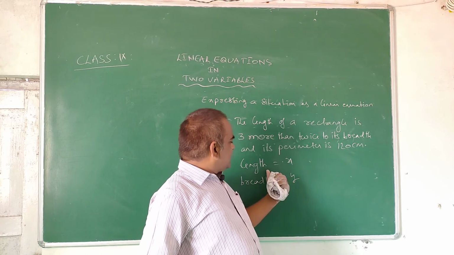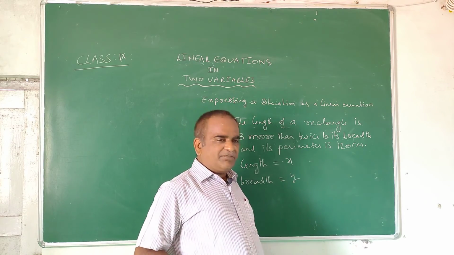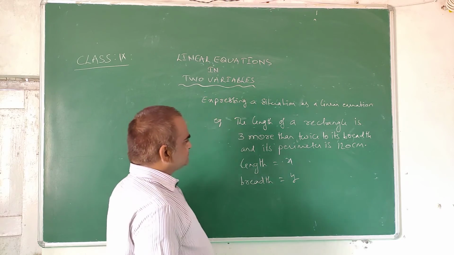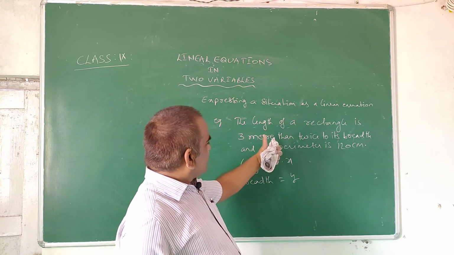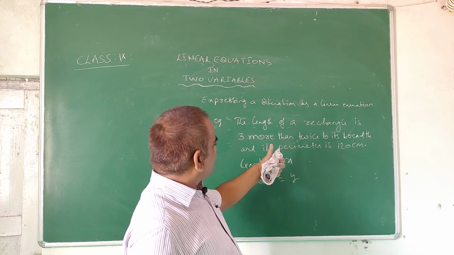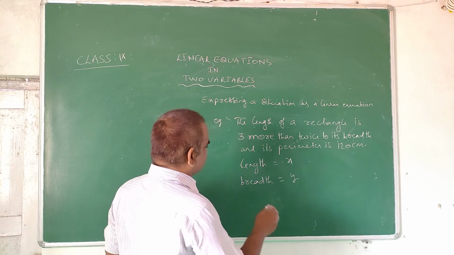So let us consider length of a rectangle is x and breadth is y. Are you following? Now as per given, length is 3 more than twice its breadth.